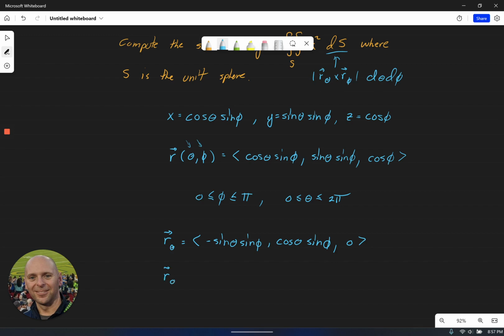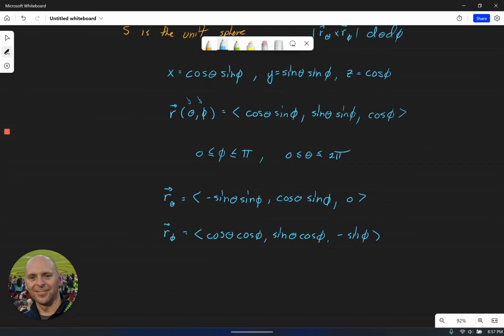The partial of r with respect to phi is going to be the vector cosine theta cosine phi, sine theta cosine phi, and minus sine phi. And now it's just up to us to take the cross product and find its magnitude. Now I've done this already, so I could save us a little bit of time here. R sub theta cross r sub phi and its magnitude is going to just be equal to sine phi.